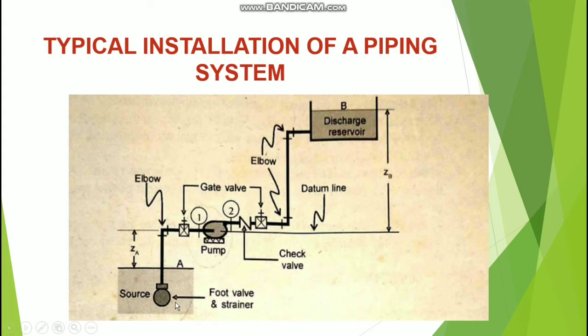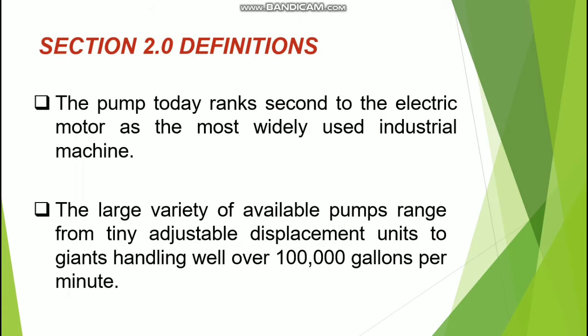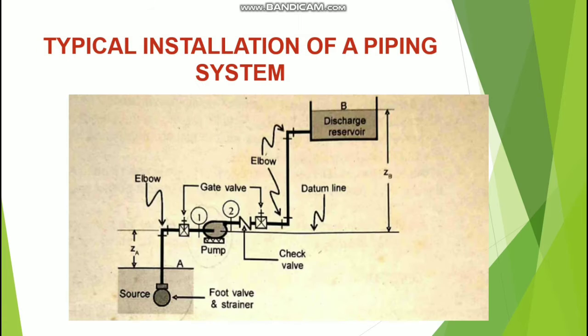So kasagaran gigamit ni siya if ang tubig is gikan sa underground. So kana one way ra siya aron mapugngan ang pag-backflow sa tubig. So dili mo balik. Then gate valve, so siguro nakadungog naman ta ning gate valve kung unsa ni. So pwede nato siya i-open or i-close.